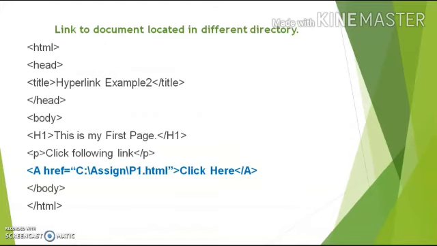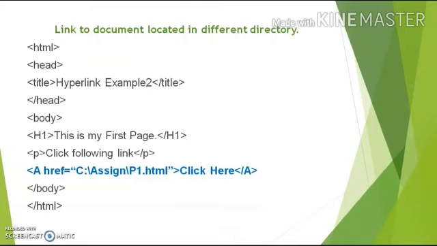Last type of hyperlink is link to document located in different directory. Again HTML, head, title tag close, head tag close, body, h1, p, then again a tag to create hyperlink. href is equal to c colon / assign / p1.html, click here, a tag close.